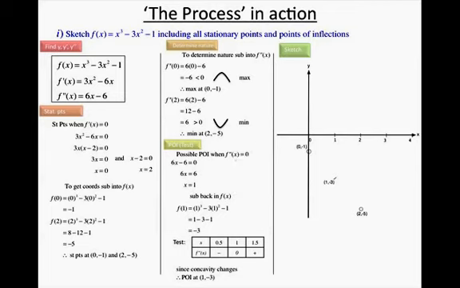We go up, we have a little max there. Through there the concavity changes and then a min and up. And there's the drawing. That is that sketch of x cubed minus 3x squared minus 1. And we did that purely by finding our stationary points and points of inflection and then just sketching it on the back of that.